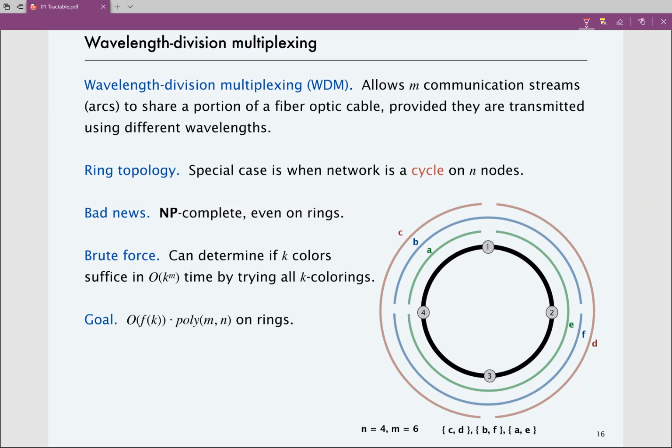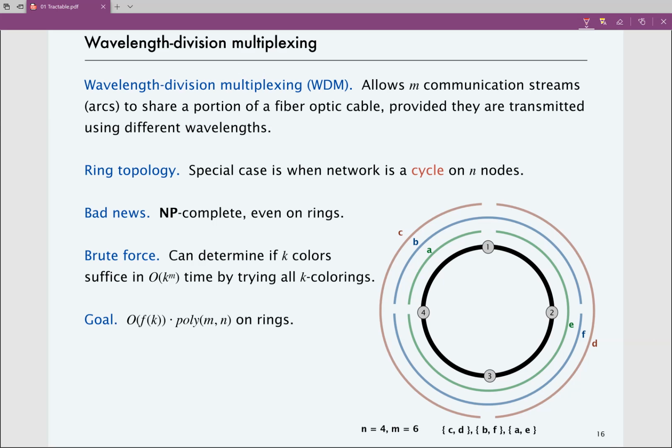On the other hand, if you look at, let's say, path E over here, E is going to use 3 edges: 1, 2, 2, 3, and 3, 4. And this does not have any intersection with the A path. And so A and E are allowed to use the same color.